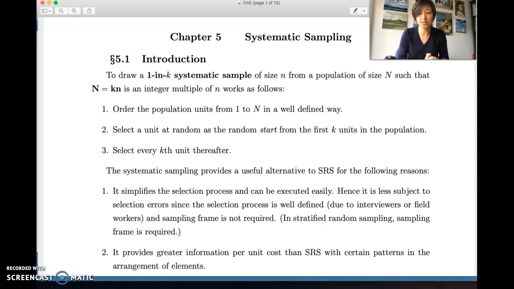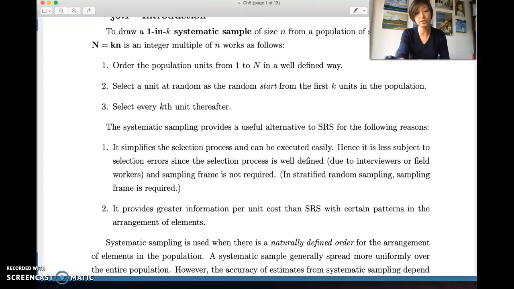As a researcher, we find it very easy to collect a sample from the population. The systematic sample provides a very useful alternative to simple random sampling, because in simple random sampling, we need to look for a random number.